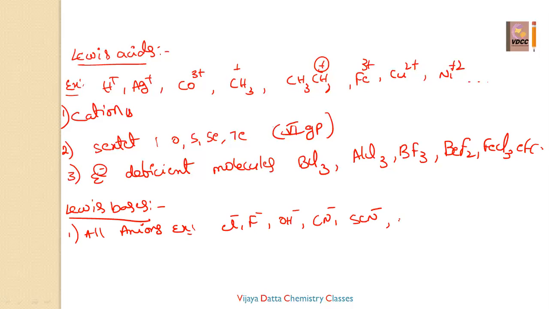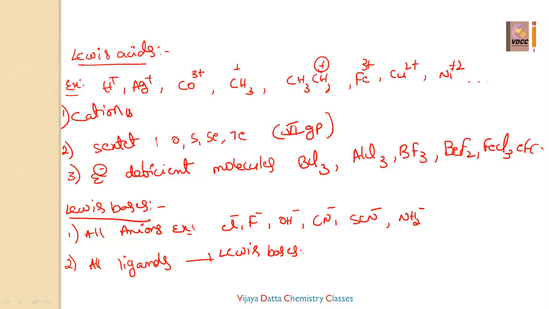NH2 minus also comes in the same category. And also in complex compounds, we can consider all ligands. Because they donate electrons to the metal, all ligands are Lewis bases.